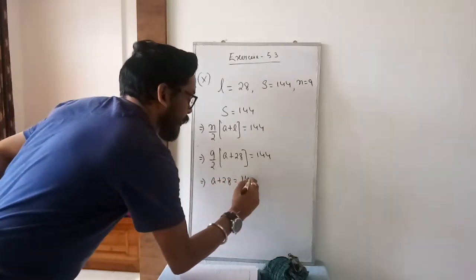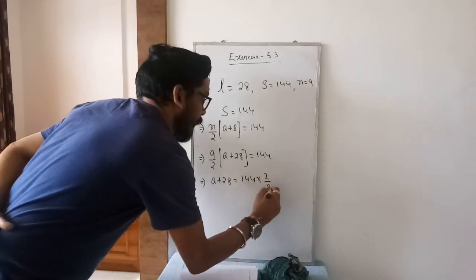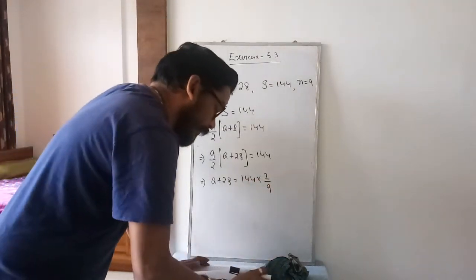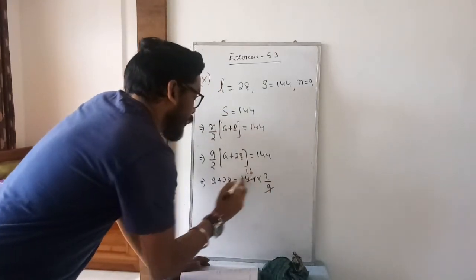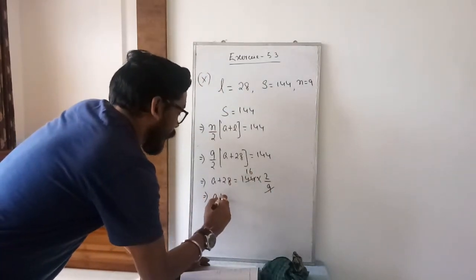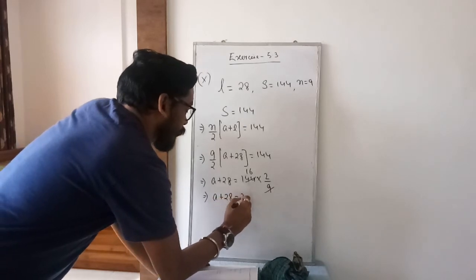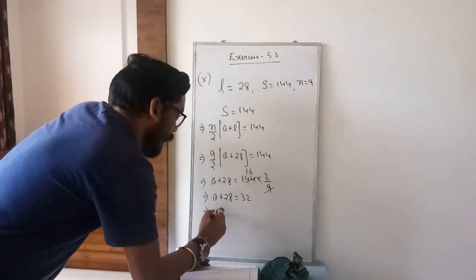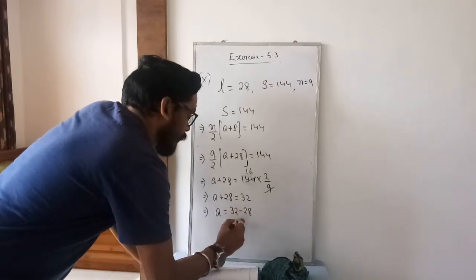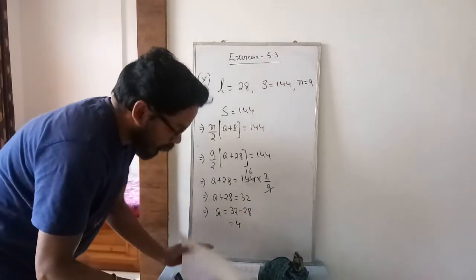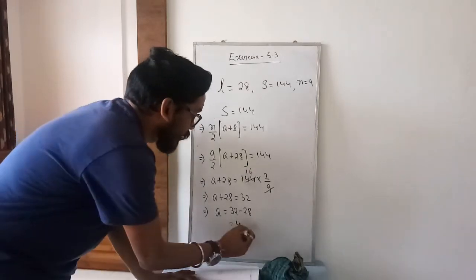So 2 will shift up and 9 down. 144 you can easily divide by 9, it will be 16. So a plus 28 equal to 32. a equal to 32 minus 28. So it is 4. Yes, this is the value of a.